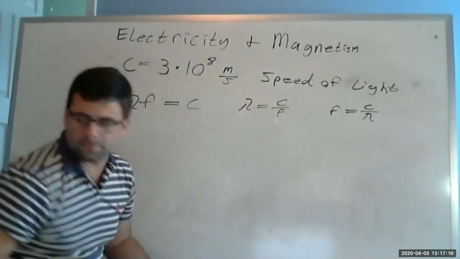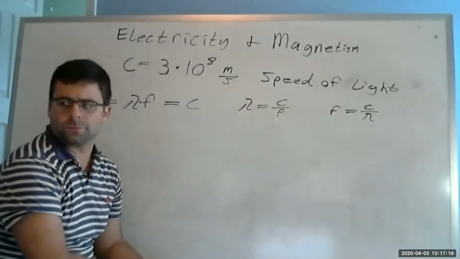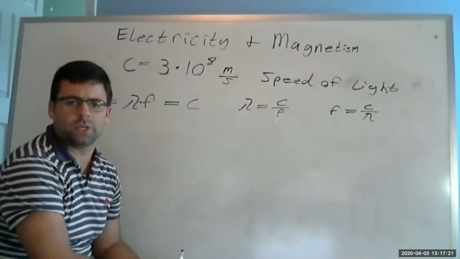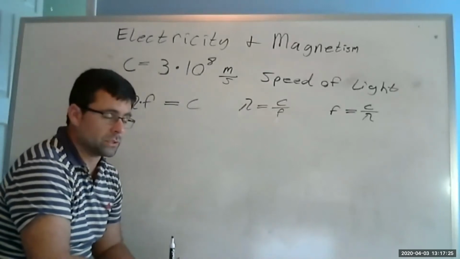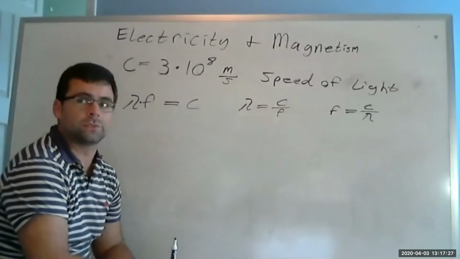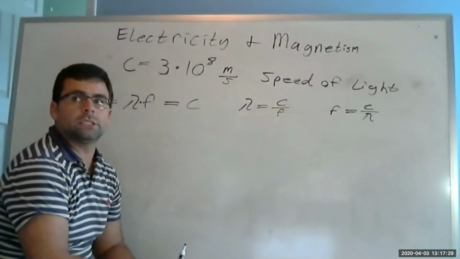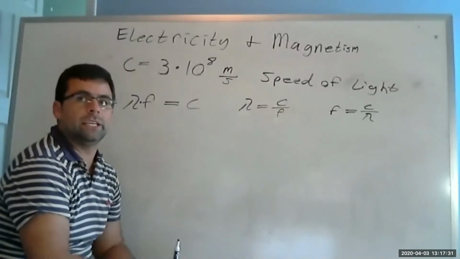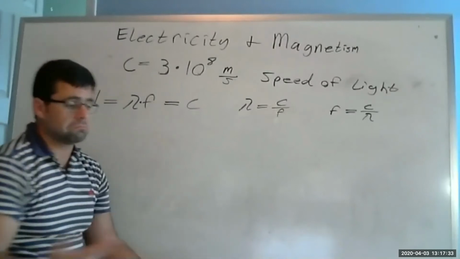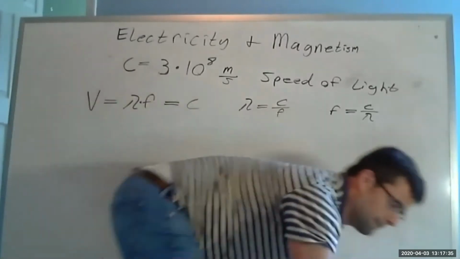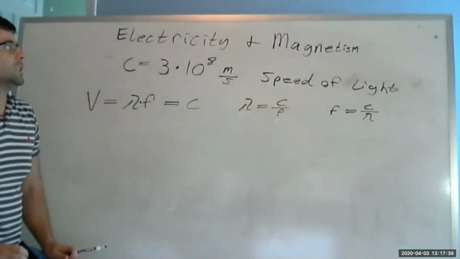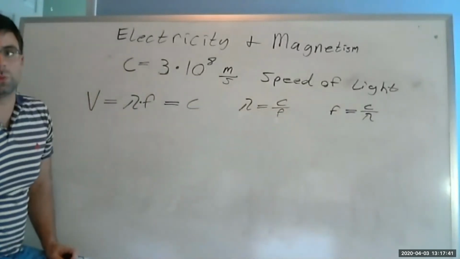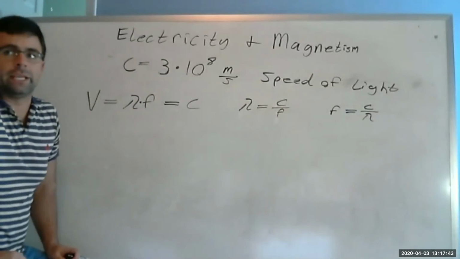The other one has to do with, it's kind of interesting where this c comes from, but it is a constant. But there were two other constants that we talked about when we were doing electricity and magnetism.